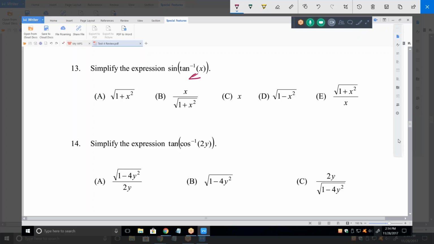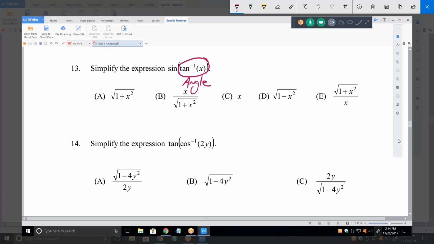In other words, we take trig functions of angles. We take inverse trig functions of ratios to get an angle. So that has to be an angle. So let's call it an angle. Okay?